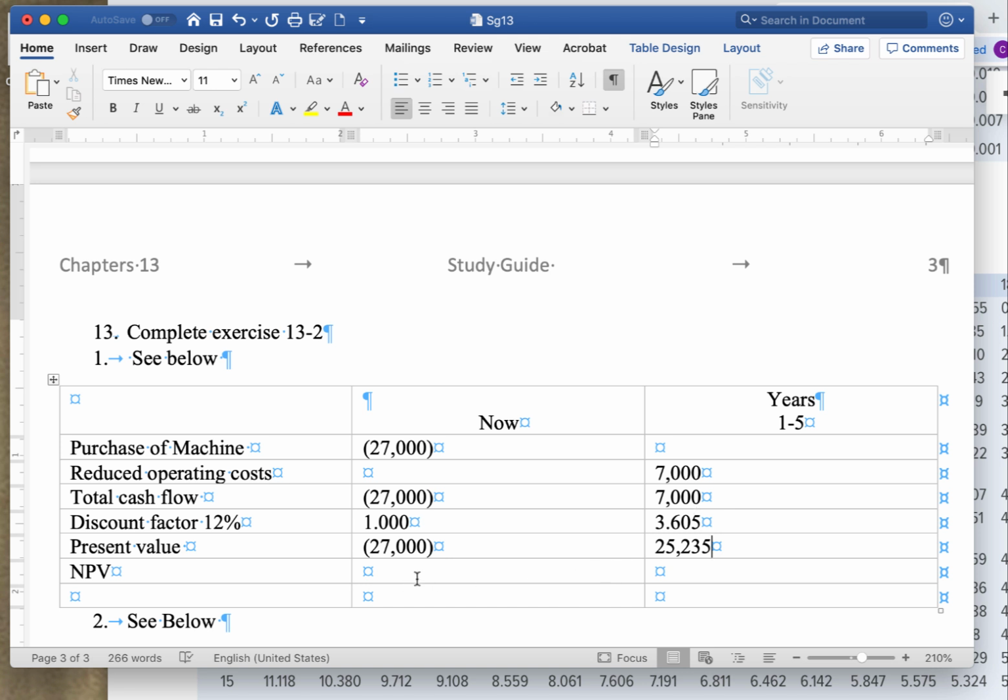What's my NPV? Well, I'm comparing all my outflows with my inflows. So I see here I actually have a loss of $1,765. I just summed up negative 27,000 plus positive $25,235. This project gives me a negative net present value based on today's dollars.